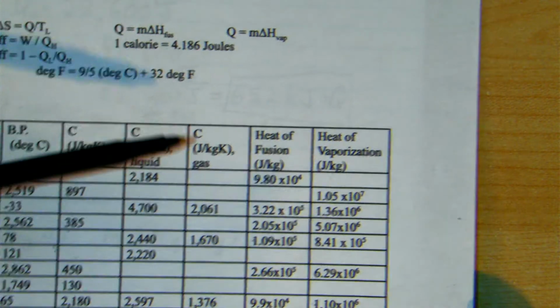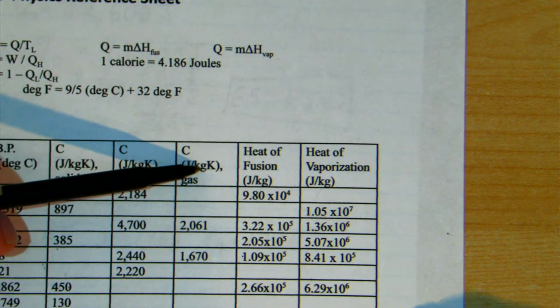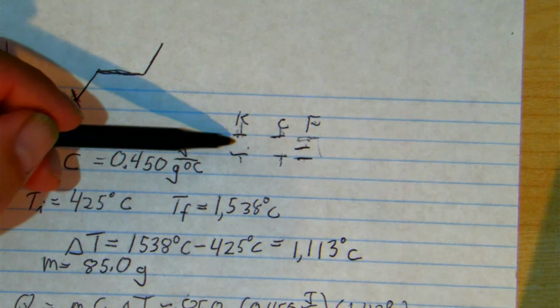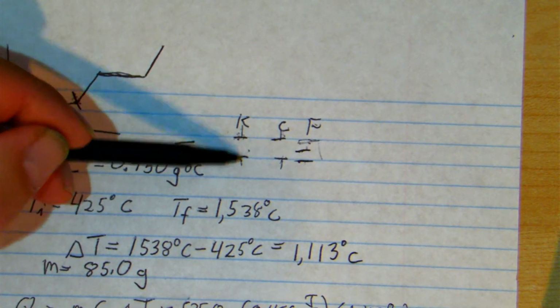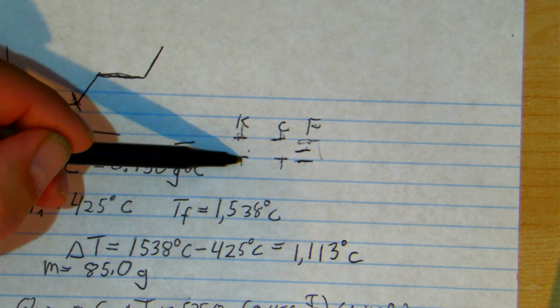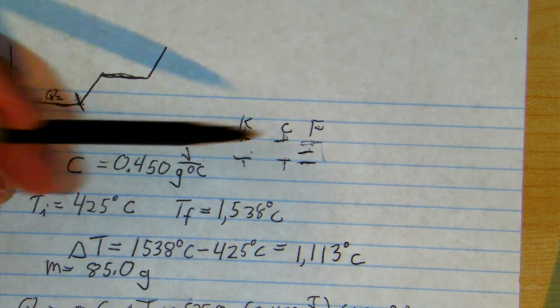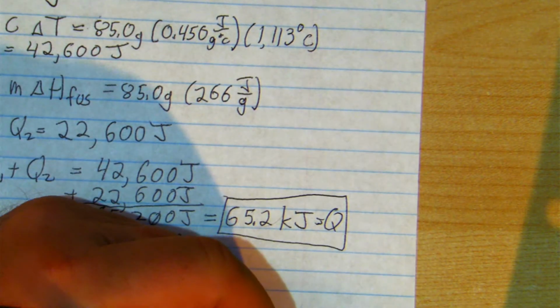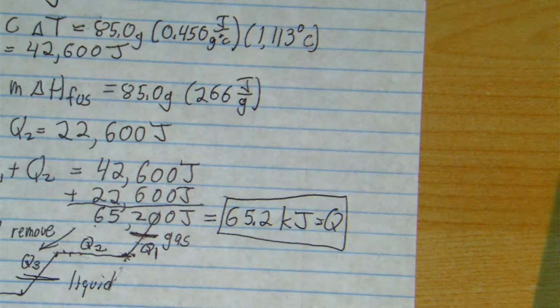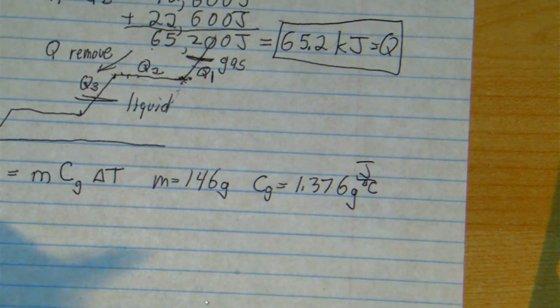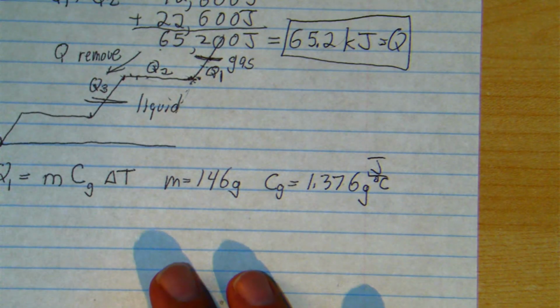And as before, because a change of 1 Kelvin is equivalent to a change of 1 degree Celsius, I'm going to display this as per degree Celsius. So that's the value for the specific heat.